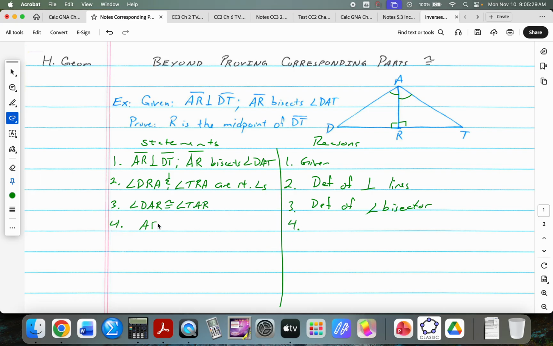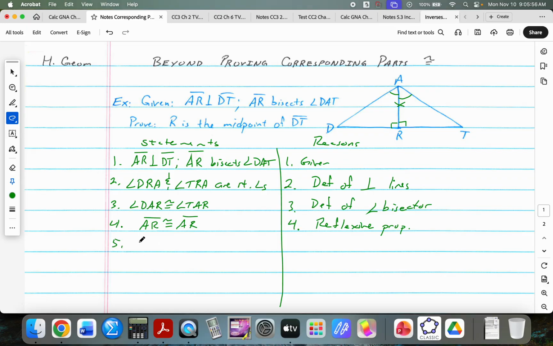And then I've got segment AR is congruent to segment AR by the reflexive property. And now we can see that it's not going to be hypotenuse leg because I don't have the two hypotenuses congruent to one another.